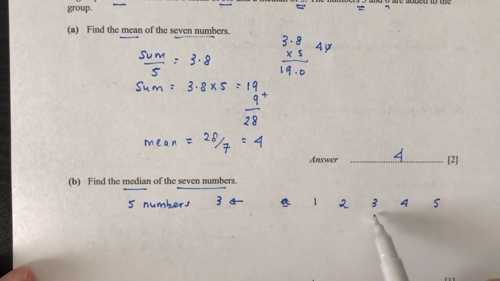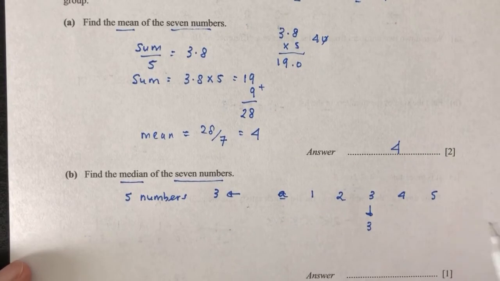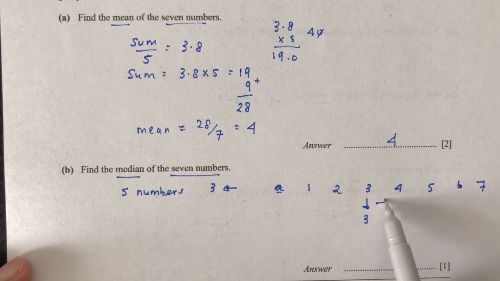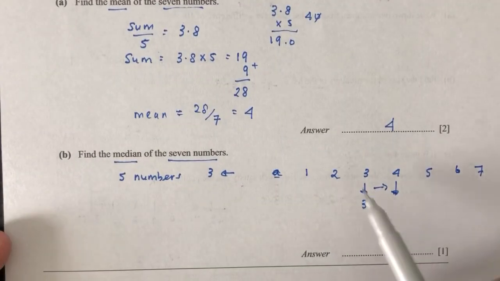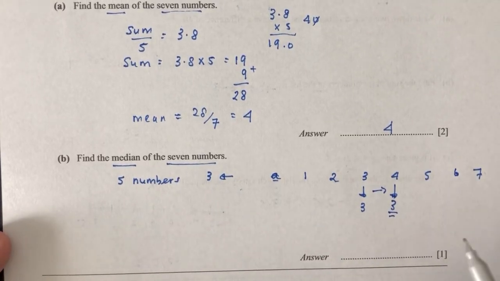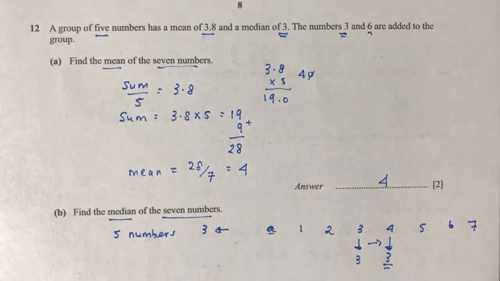At first the median was here. The value was 3 for the third, the middle value. So there are 2 here, 2 here. If you add 2 more numbers, the median value will be the next one, which will be the 4th value. Now we have added 3 and 6. Where will 3 go? 3 will be going here as well, right? So in that case, the median will remain the same, which is 3. That is question number 12.